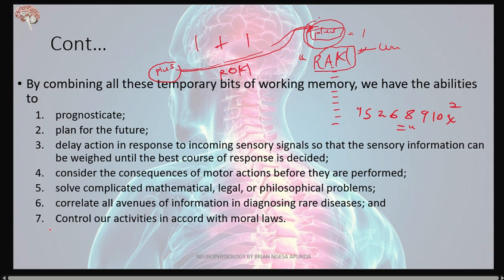Just like in computers, if you have a RAM of 2 GB and somebody has a RAM of 32 GB, you cannot compare what this computer can do to the 2. The 2 GB might be much slower, while the 32 GB might be much faster. And it's the same concept when it comes to working memory.